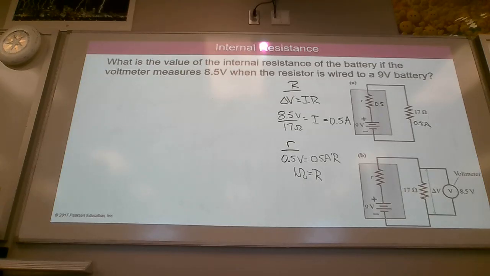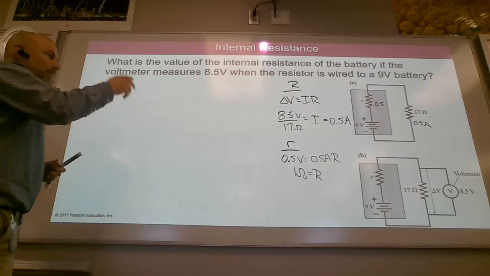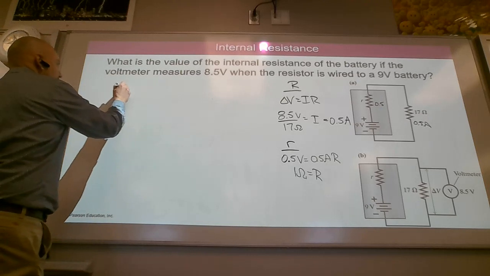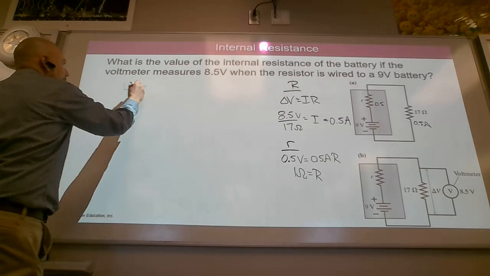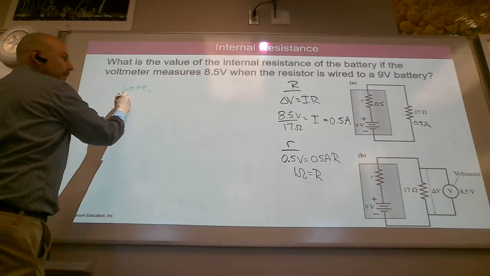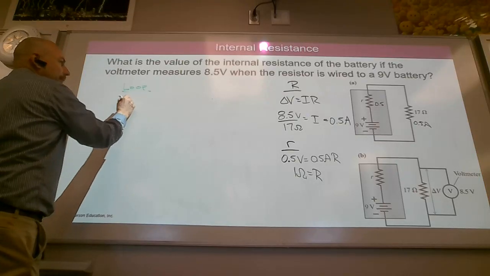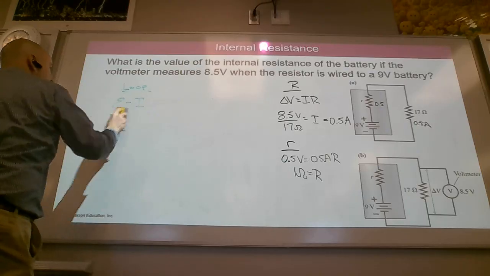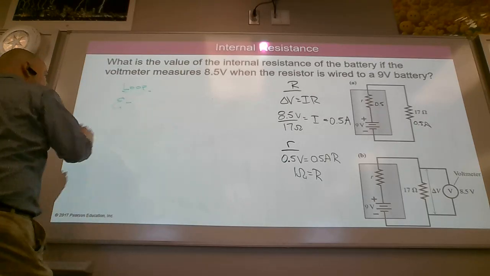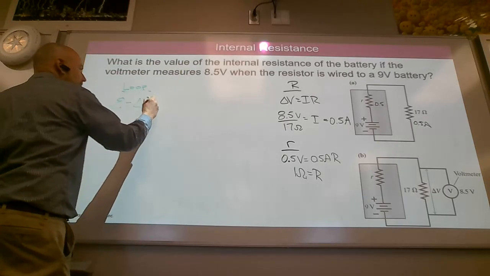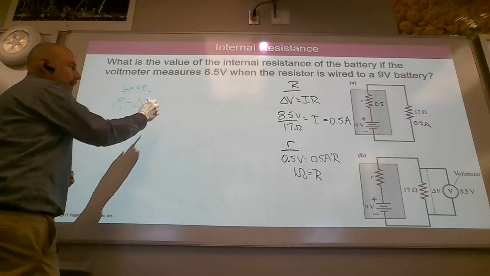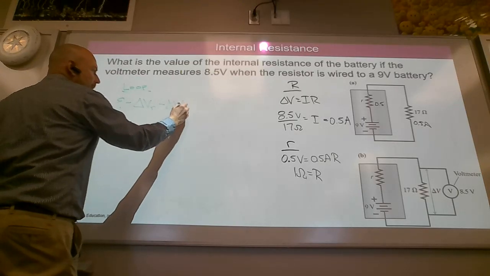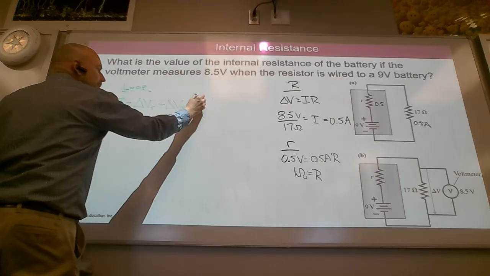Okay. Something that's a little bit prettier would be to do the loop rule. So you'd say the EMF minus the current. Well, here, I'll do this. Voltage drop across the little resistor minus the voltage drop across the big resistor is equal to 0.